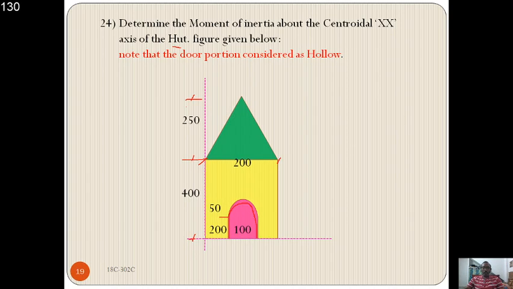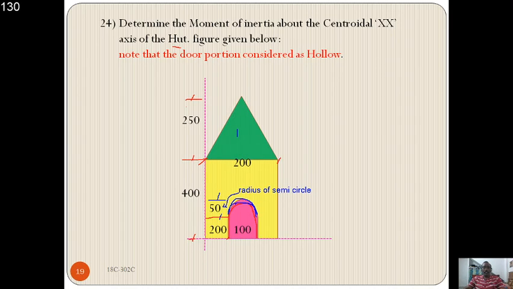The rectangle portion is up to here, it is 200, and the semicircular portion has a height of 50, which is nothing but the radius of the semicircle.